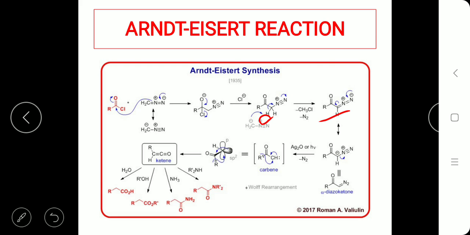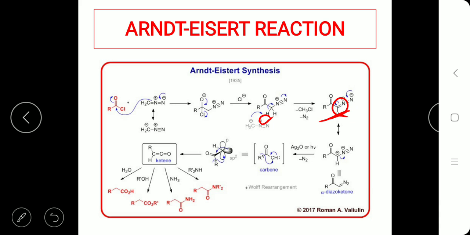The next step would be this N minus is going to come back and form a triple bond, and then again with the continuous movement of the electrons, the double bond between carbon and nitrogen is again going to give rise to a negative charge on the carbon to give a carbanion.